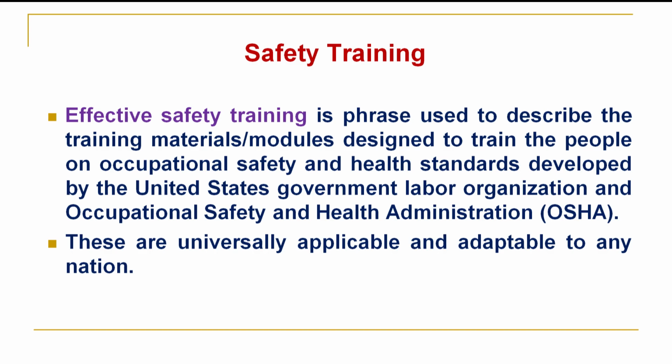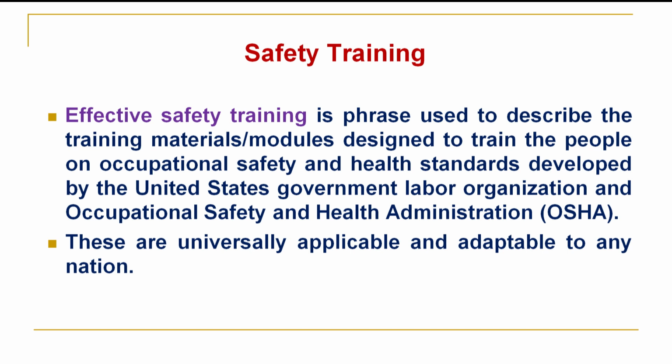The next pillar is safety training. Safety training describes materials or modules designed to train people in occupational safety and health standards, which were developed by the United States Government Labor Organization, the Occupational Safety and Health Administration, called OSHA.